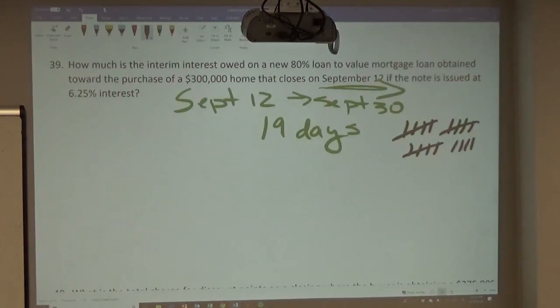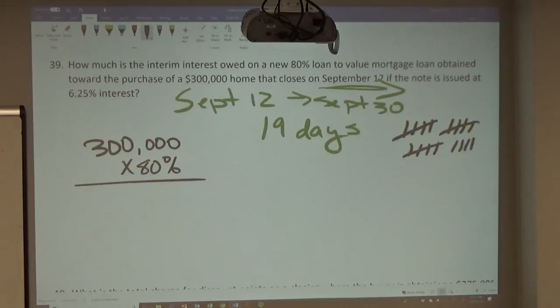Okay? The other thing we need to know is the loan amount. $300,000 home, but we're only borrowing 80% of that. We've got an 80% loan-to-value ratio. And that's a $240,000 loan. Okay?